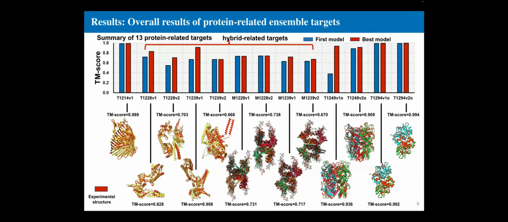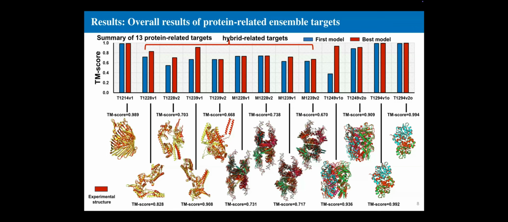Blue is the first model, and red is the best model from our pipeline. From this figure, based on the best model, we can see that for almost all of the protein-related targets we can generate the correct fold, because the TM-scores are greater than 0.5.